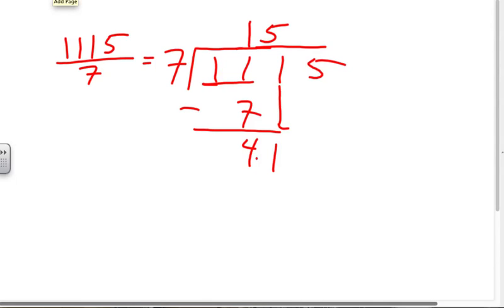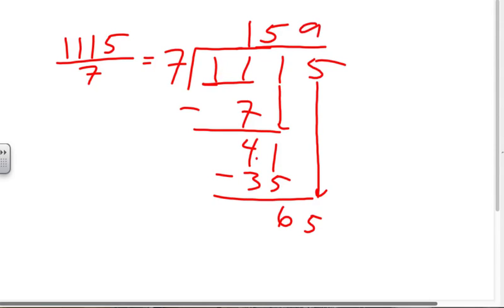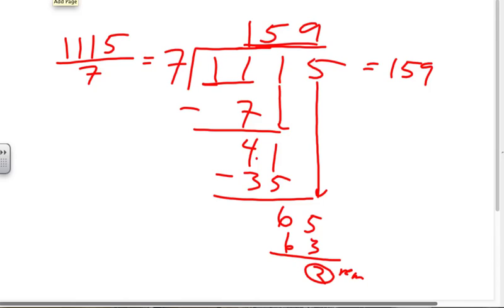So we'll go in 5 times, then I subtract it, and I get 6. And then I bring my 5 down. 9 times 7 is 63, so that looks good. And I can't go any further. That's what I have as remainder. So that number equals 159, what I have on top, plus 2 over 7, which you're used to seeing written as 159 and 2 sevenths.